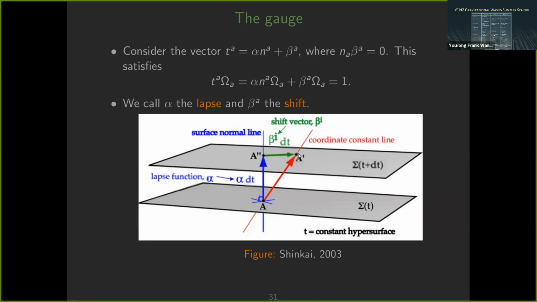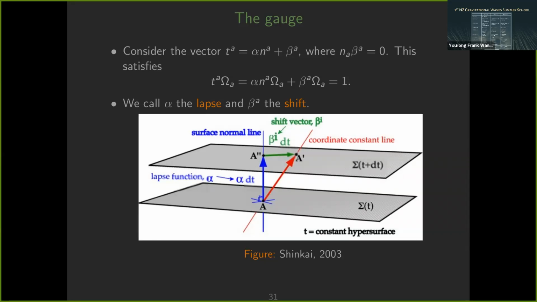It may move relative to where it was on the previous one. In general, we define a vector t that is a combination of something proportional to the normal of the surfaces and then a shift, beta, that lies within the slices and shifts it spatially.